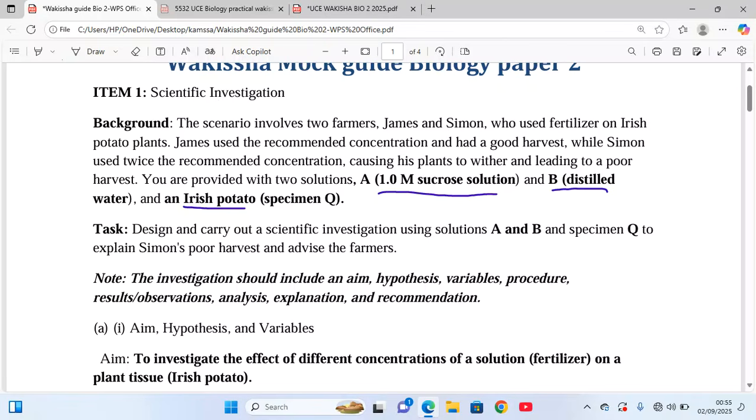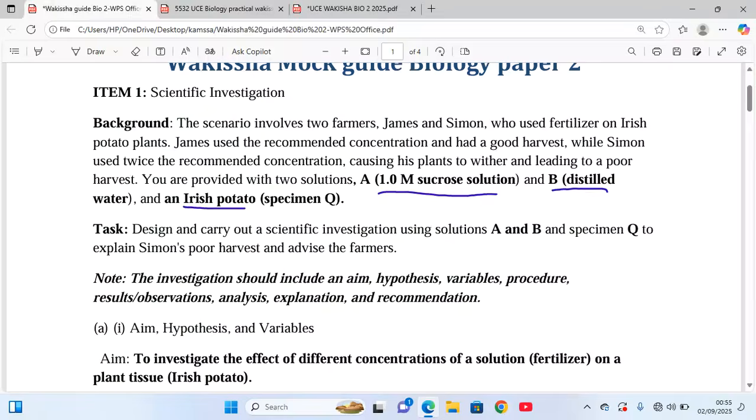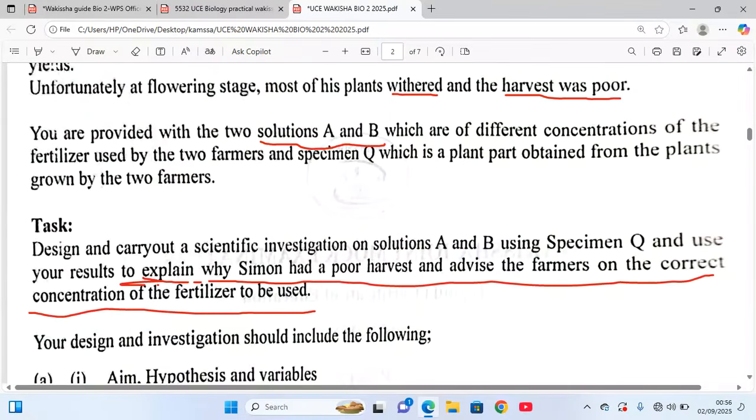The actual question was here, maybe we can check that to see whether we have exactly met what they meant. And use your result to explain why Simon had a poor harvest and advise farmers on the correct concentration of the fertilizer to be used.